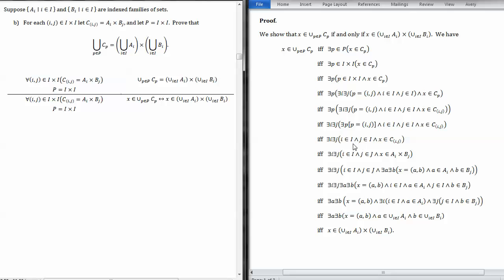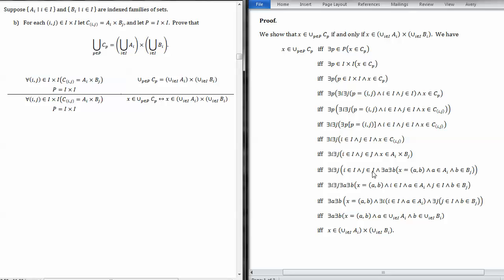Okay, so we get to here, and from here, definition of C_ij is A_i times B_j. Definition of x in that Cartesian product is there exists a first coordinate a, a second coordinate b, such that x is that ordered pair with a in A_i and b in B_j. And then let's kind of get our quantifiers together again.